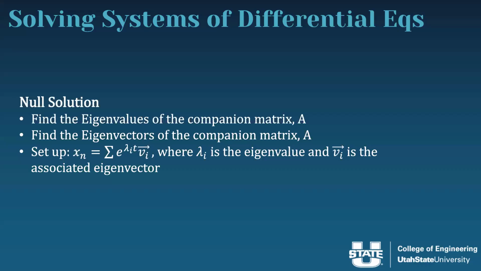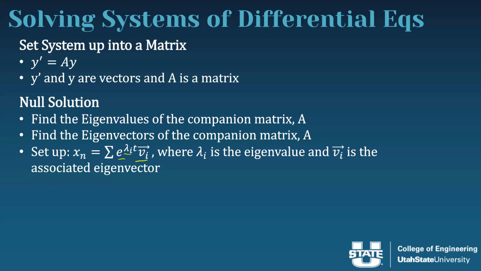To find it, we create our companion matrix A and find the eigenvalues, and we set it up as the sum of e to our first eigenvalue power times our first eigenvector, plus e to the power of our second eigenvalue times our second eigenvector, and so on. We'd set up our system into a matrix before doing that.